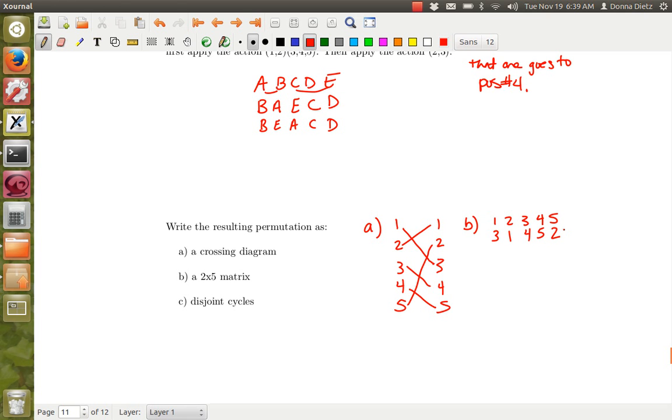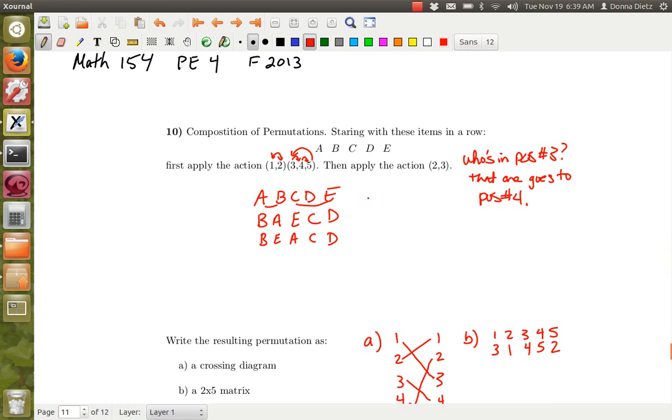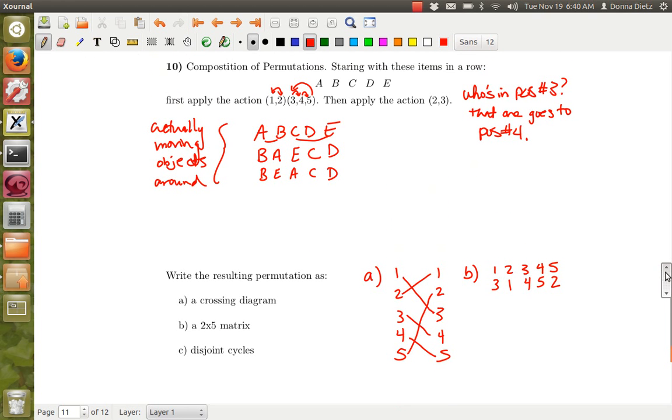So what's the difference here? In this first part of the problem, we are actually moving the objects around. And then over here we're listing where objects go.